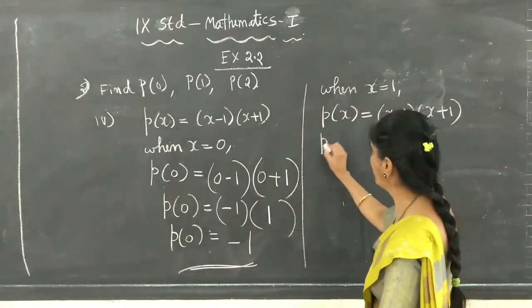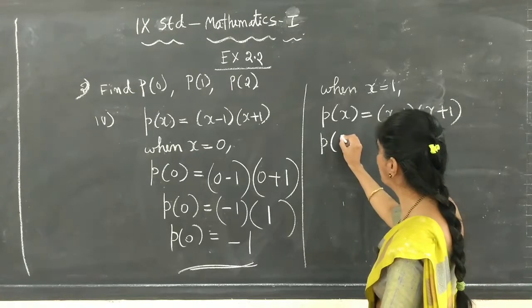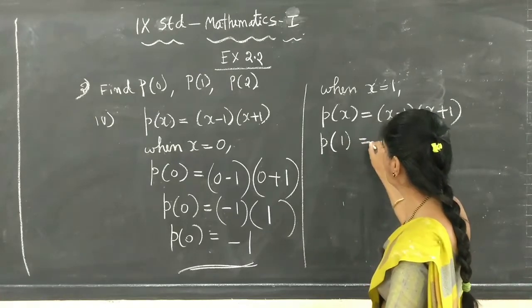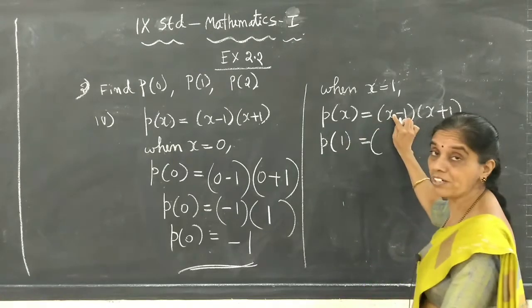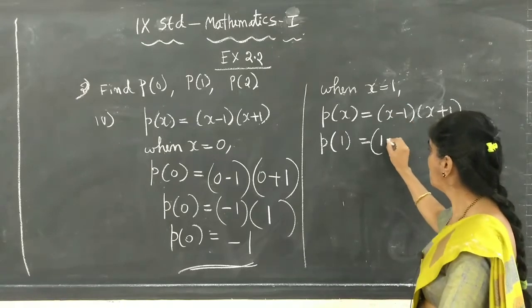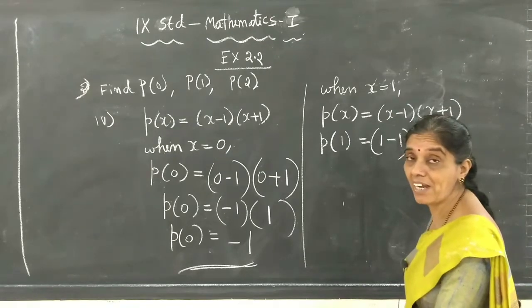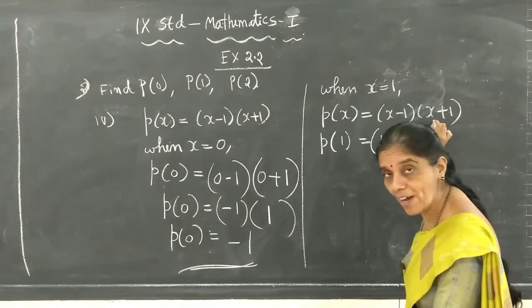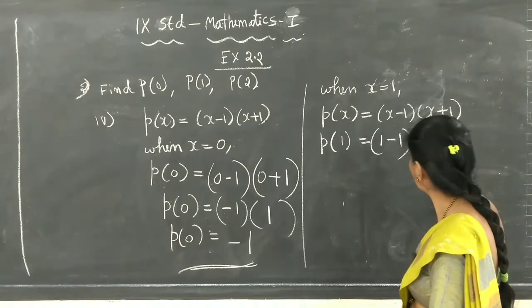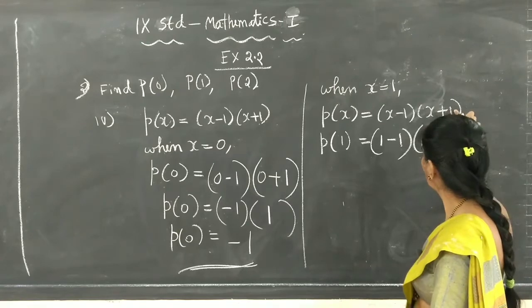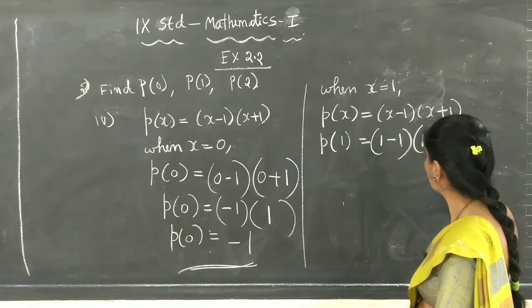Now, how much do you have to find out? The polynomial P, the value of x should be 1, is equal to, now in the x place, what do you have to write? 1 minus 1 into, again x is there in the bracket, the value of x is 1 here, so in place of x write 1, then as usual plus, what they have given, you write plus 1.